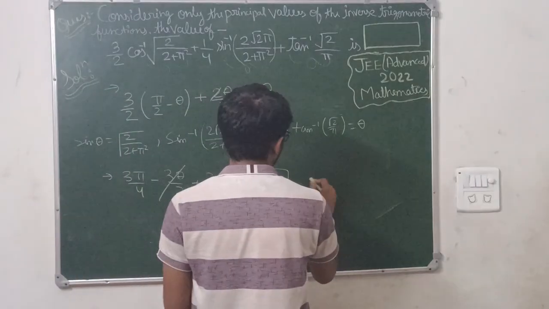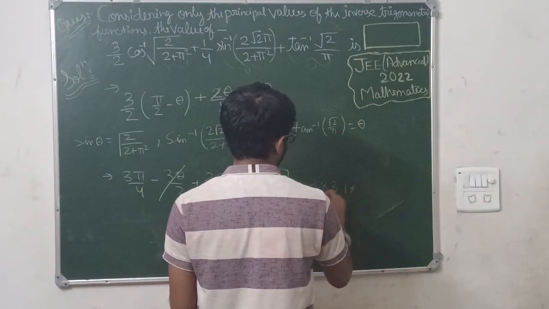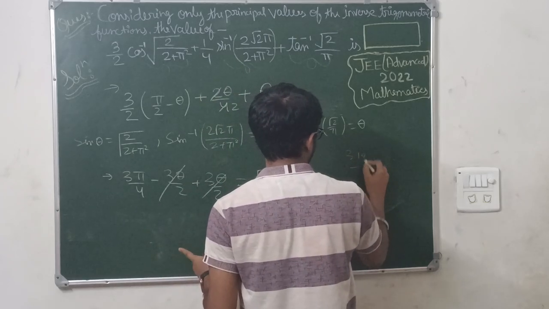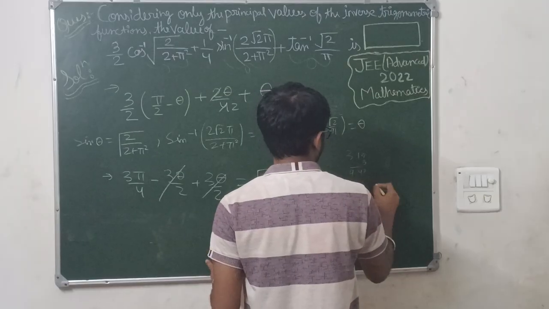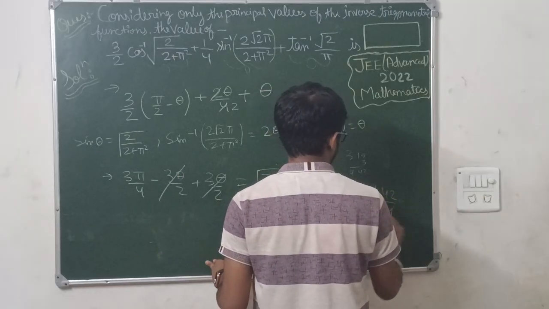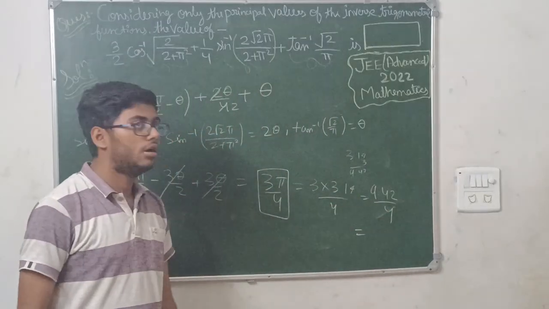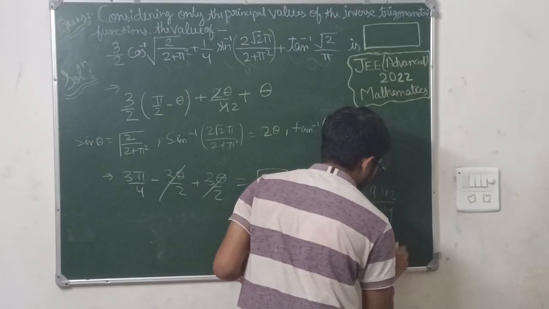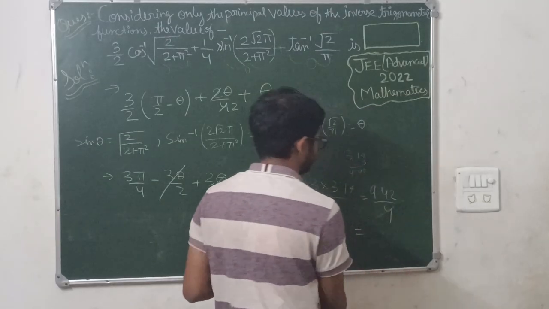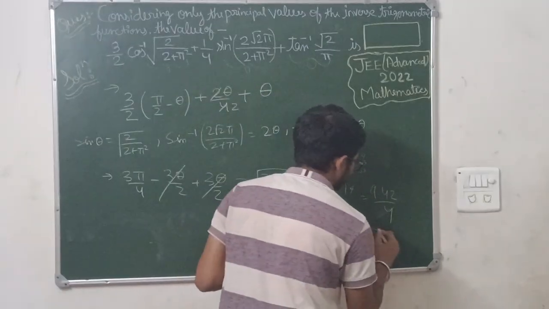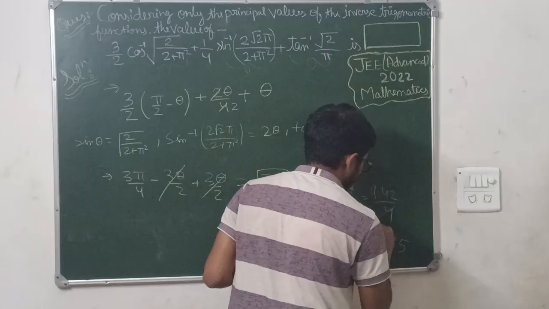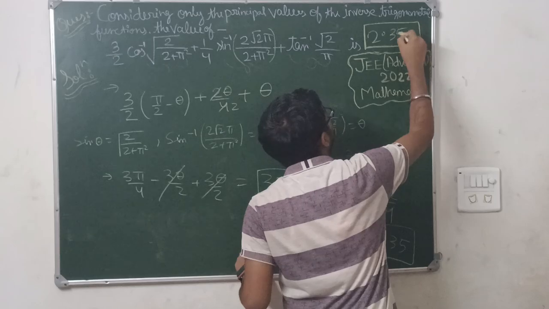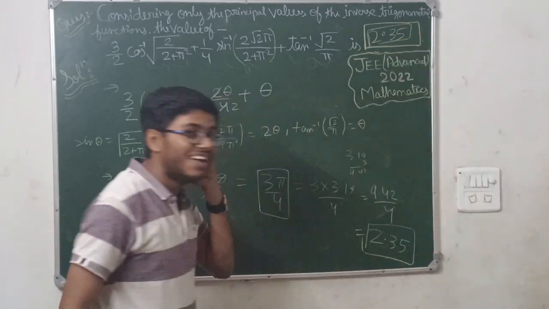You can calculate this: 3 into 3.14 upon 4, which is 9.42 upon 4, which is 2.35. This is the final answer. The question was in numerical form, so you can write 2.35, up to 2 decimal places.